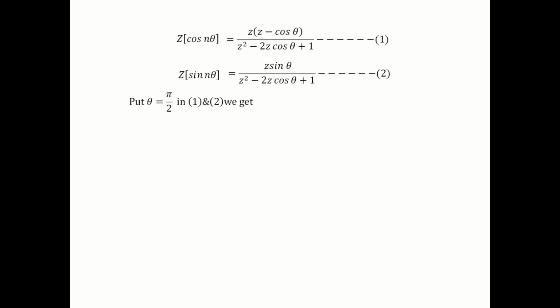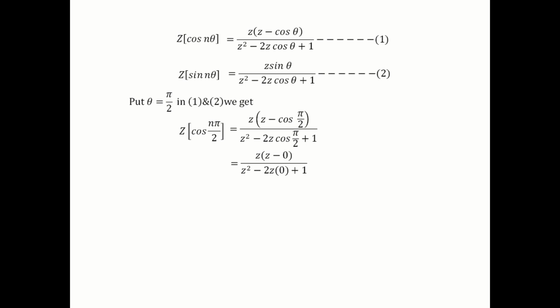Now we go to the next part. Put θ equal to π/2 in equations 1 and 2. Replacing θ by π/2, you will get cos nπ/2 on the left hand side, which is equal to z into (z minus cos π/2) divided by z² minus 2z cos π/2 plus 1.